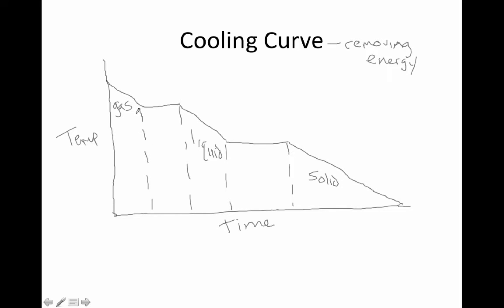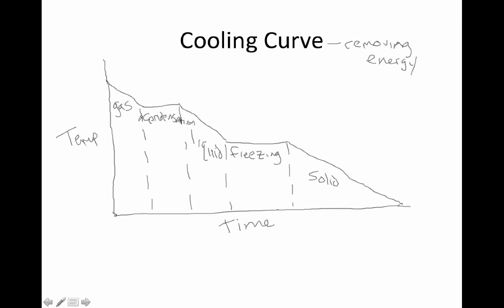So same thing when we go from a gas to a liquid. Instead of boiling this time, this is called condensation. And instead of melting this time, this is freezing.